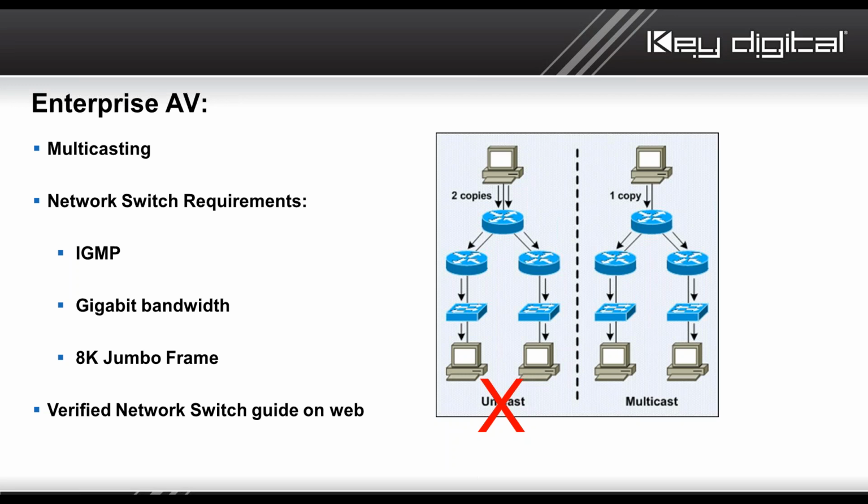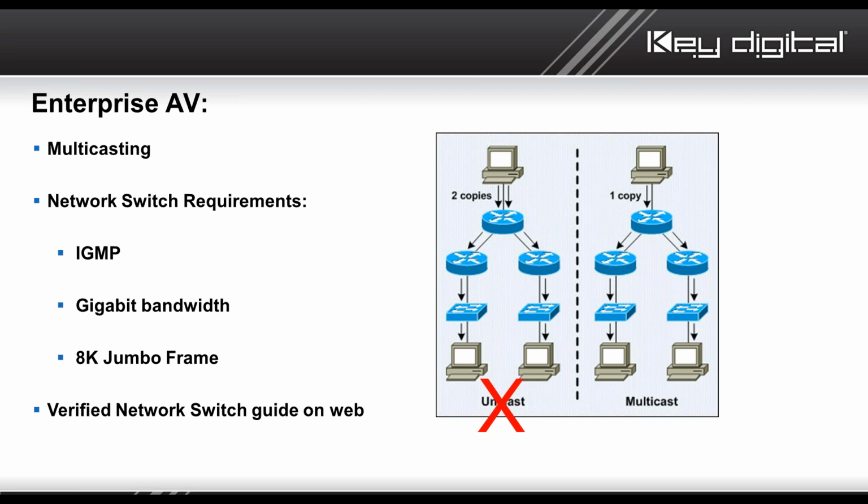How does all of this technology work, and how have we come to make this kind of product? Well, it's all based on multicasting technology. And if you know multicasting, then you may also be familiar with what's called unicasting. We see it there with the red X. Unicasting would mean that for every recipient, for every decoder that's receiving a stream, it would create a copy.